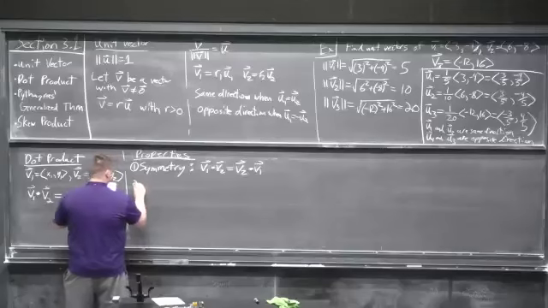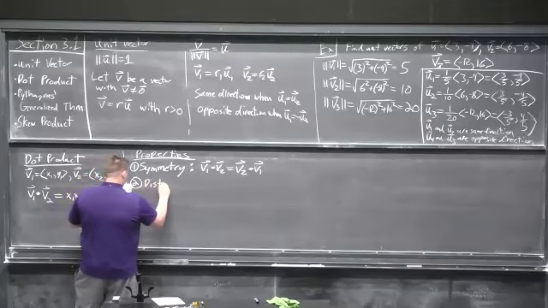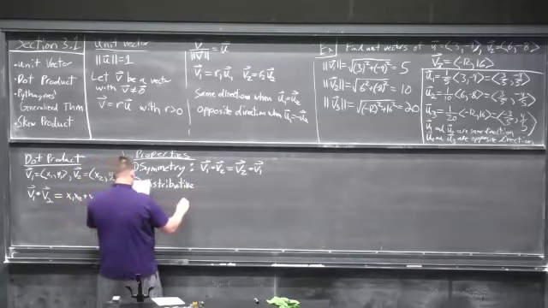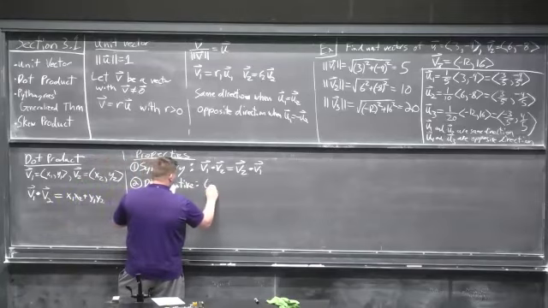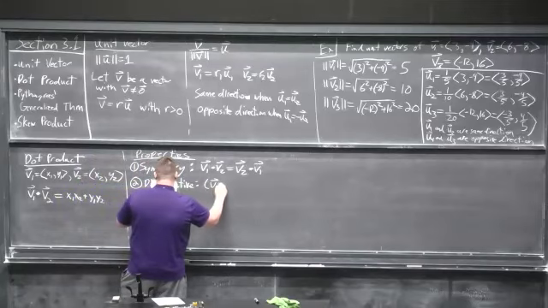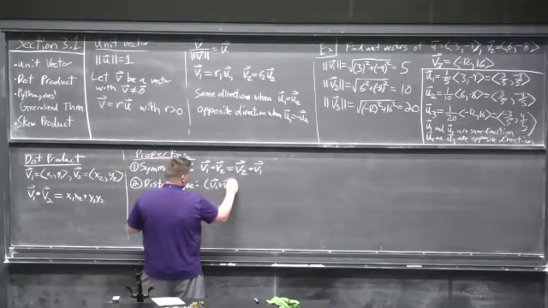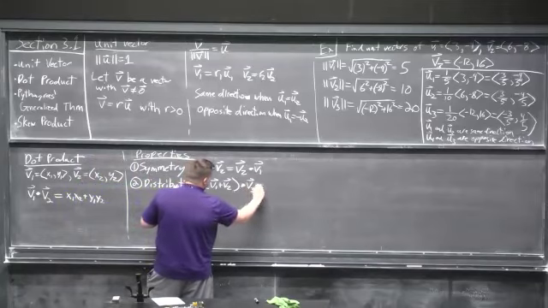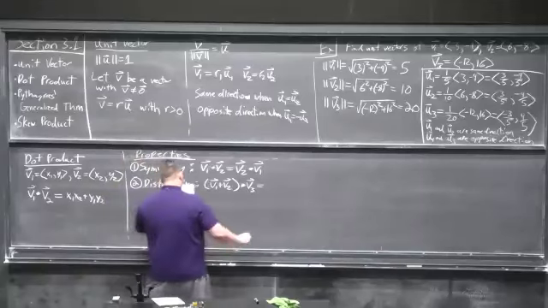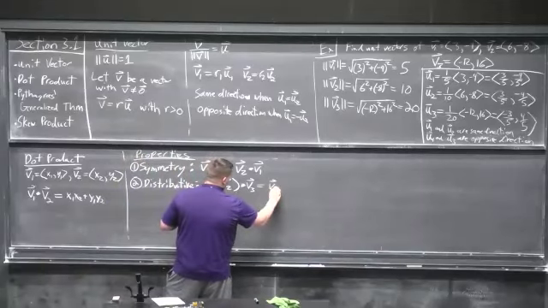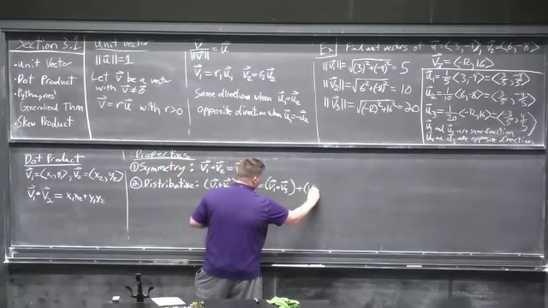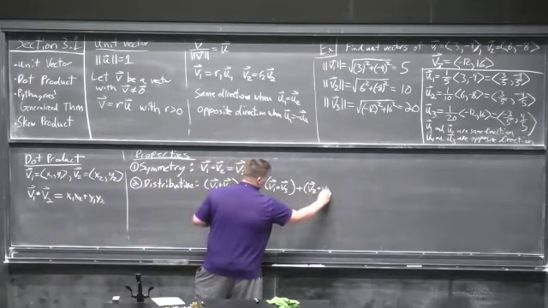It's distributive. So we have V1 plus V2, and we're going to have that be dotted with V3. This is the same as if we did V1 dot V3 first, and then we added V2 dot V3.